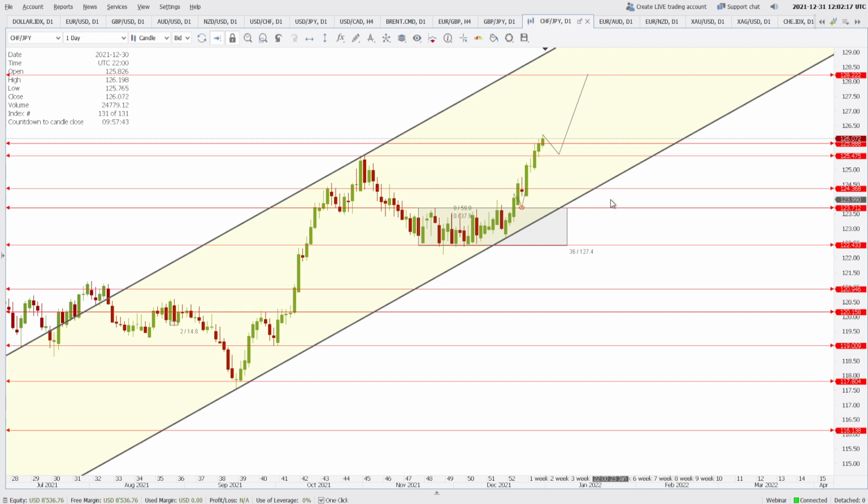So 125.47 to 125.88 area is what I'm expecting to act as a support if the price pulls back, and then 128.22 we can target. But right now, if you ask me whether you should buy here, I don't know, the pullback can be all the way to 124.36 also. So let's not buy here, but wait for a pullback.